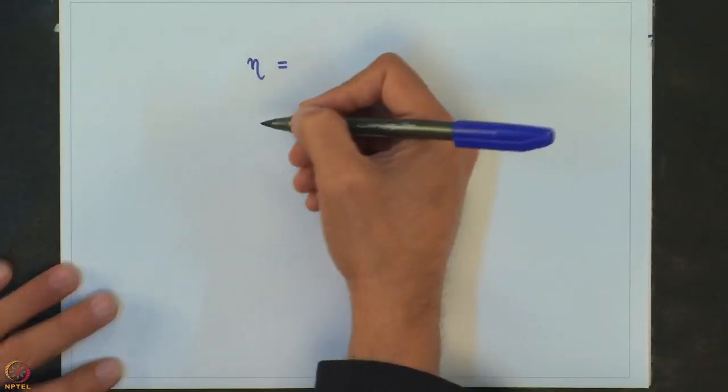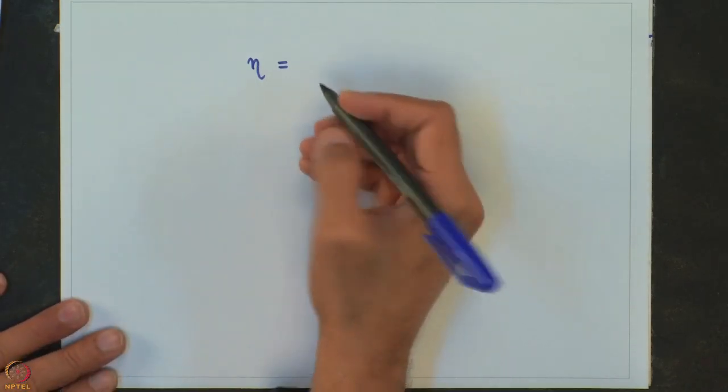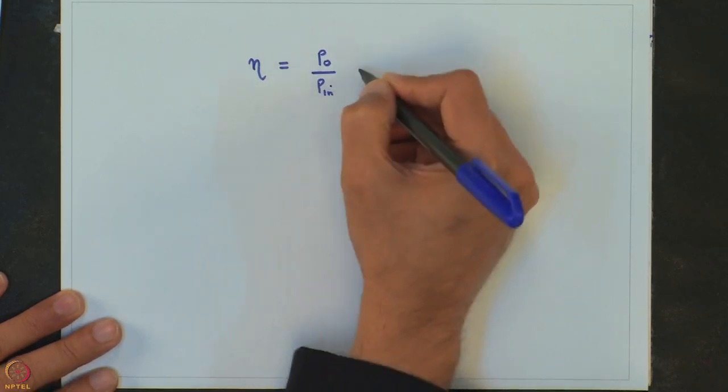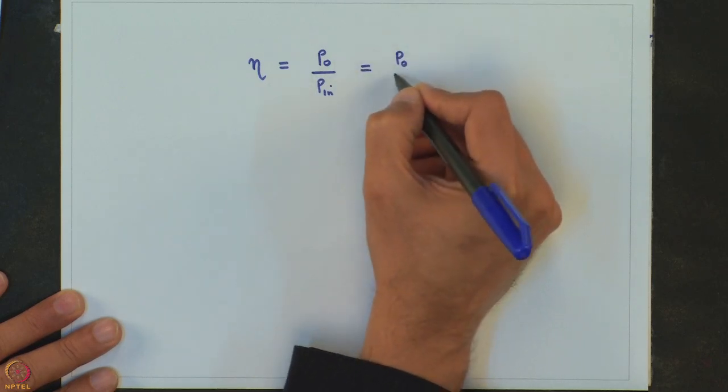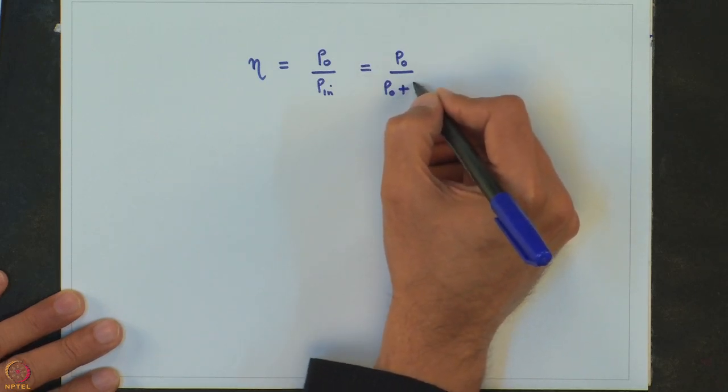Now, we can broadly say that the loss determination that occurs because of the device operation in a power electronic circuit is required for two main reasons. One is that you try to compute the efficiency of a power electronic circuit by using the losses, and I can straight away give you a formula. If I define the efficiency of a power electronic circuit, it is nothing but equal to the output power by input power, or I can write it as output power PO divided by output power PO plus losses.